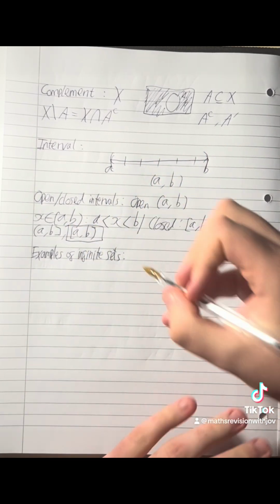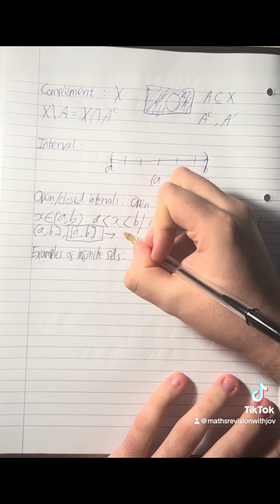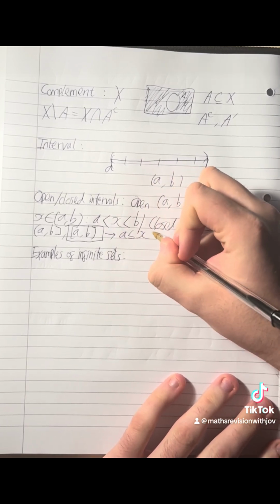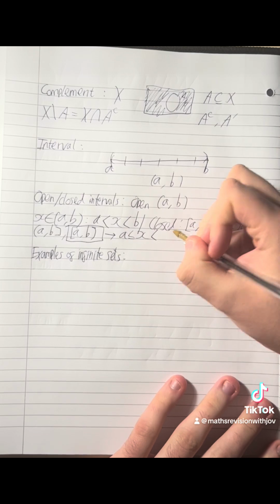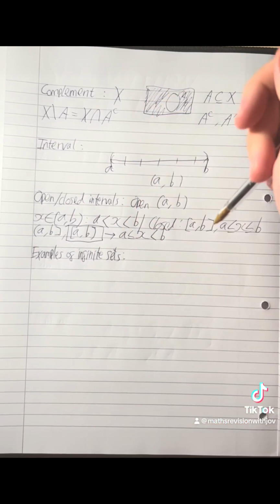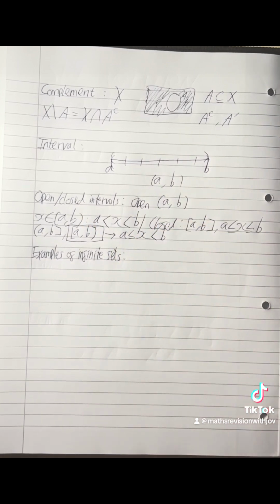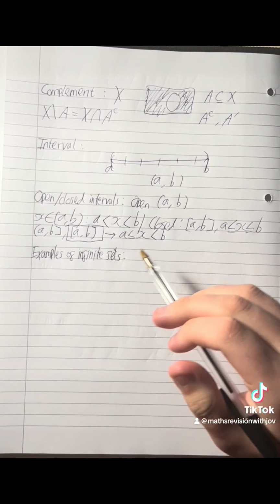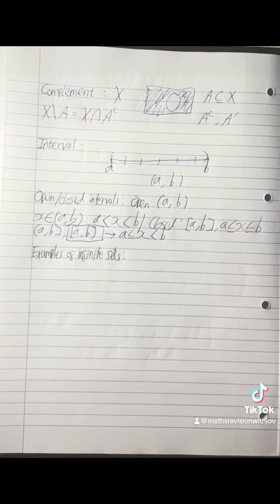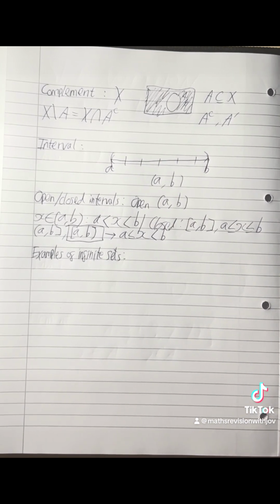This one means that A is less than or equal to X, and X is strictly less than B. Whichever side has the square bracket or the normal bracket, remember one of them is less than or equal to and one of them is just less than. Strict inequalities are the point of open and closed intervals.